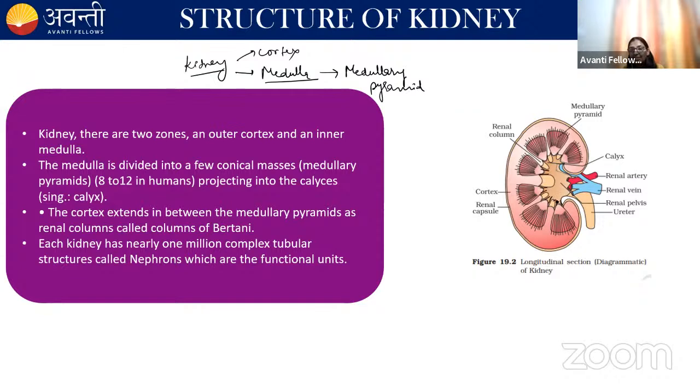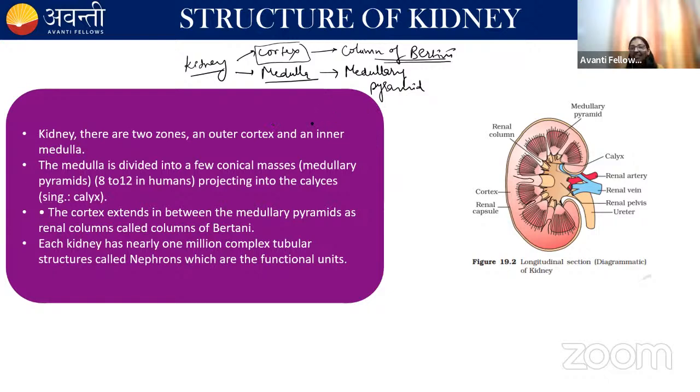These are the calyces, and these calyces are further associated with the pelvis. And the renal cortex extends into the space between the medullary pyramids and forms the columns of Bertini.